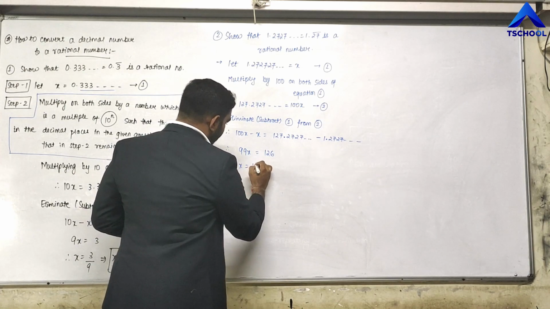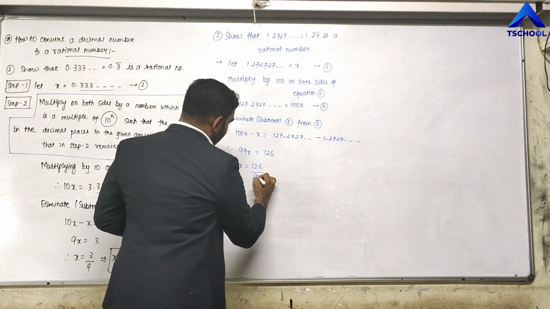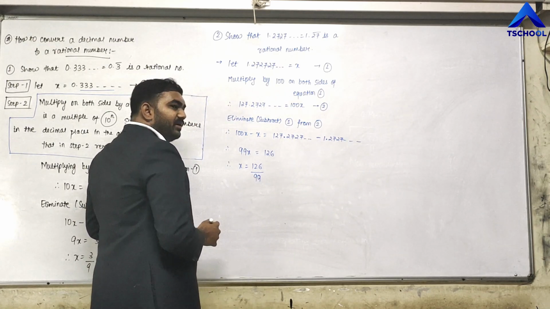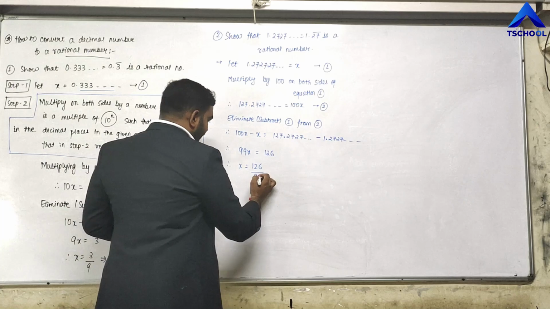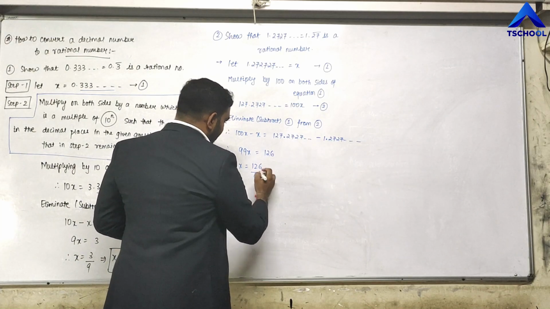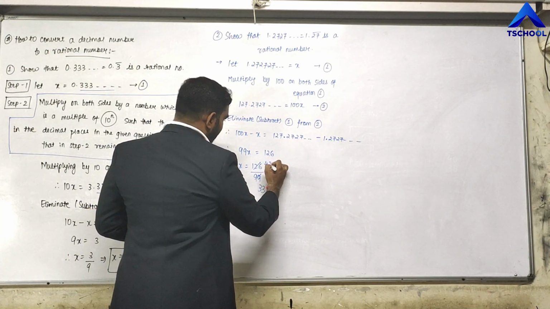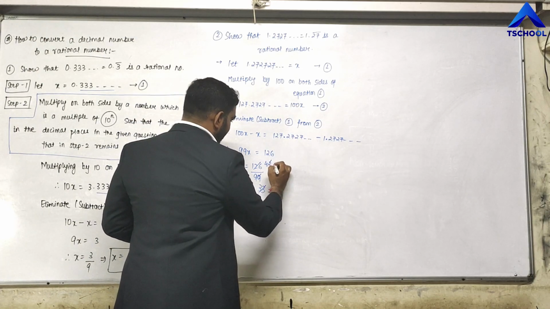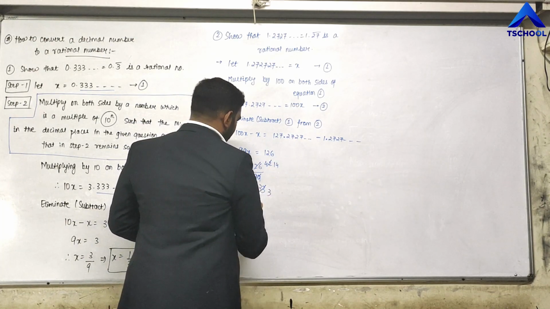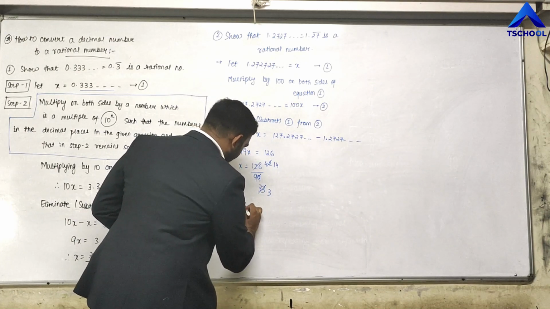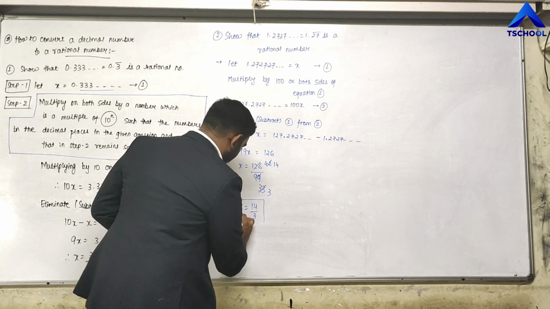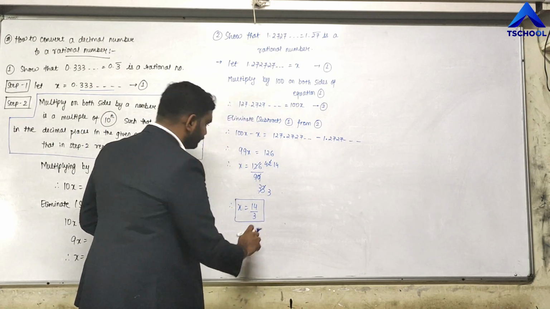Hence we get 126 upon 99. This is the value of x. You can further cut it by 3, that will be 42 upon 33. You can cut it by 3 again, and that will be 14 upon 11.